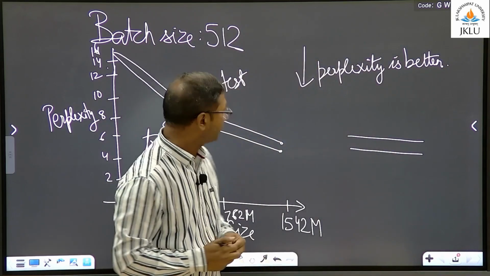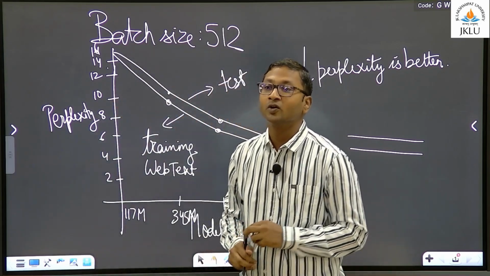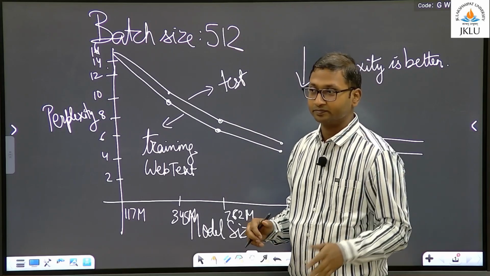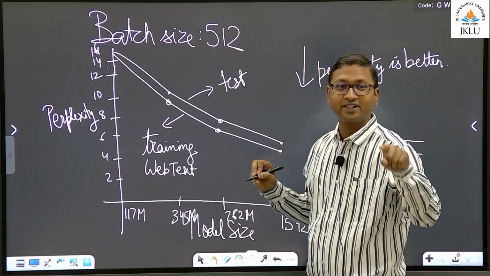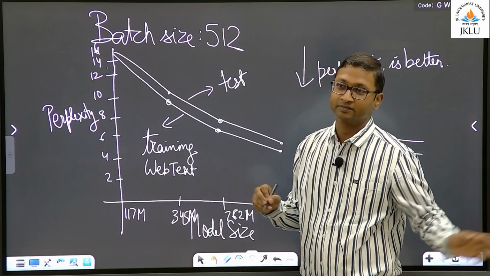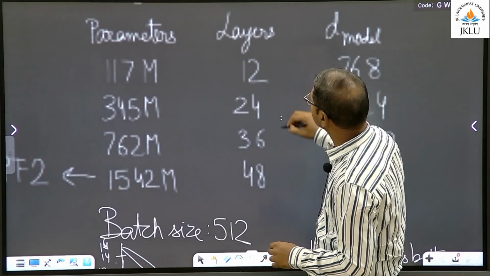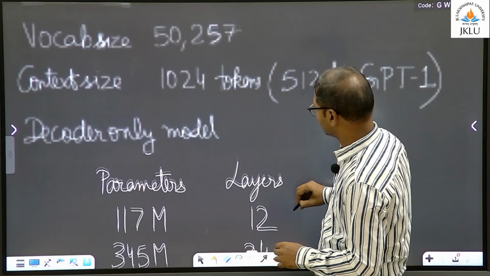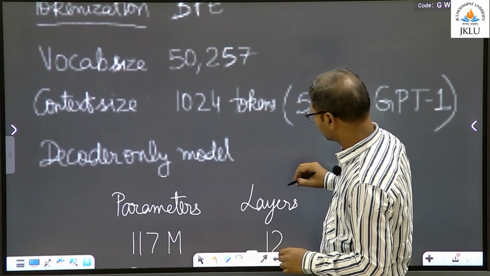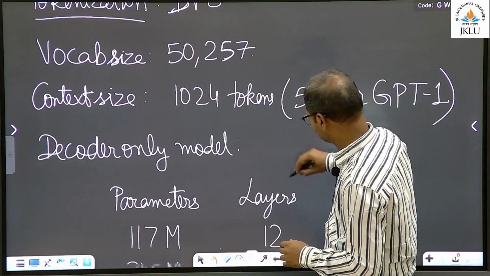So what do they do with GPT-3? What is the size of GPT-3? 175 billion, okay, and this is where they required 10 billion from Microsoft, okay. So that is it.